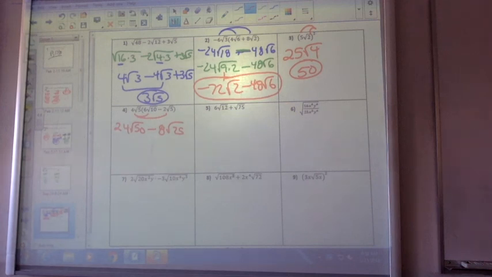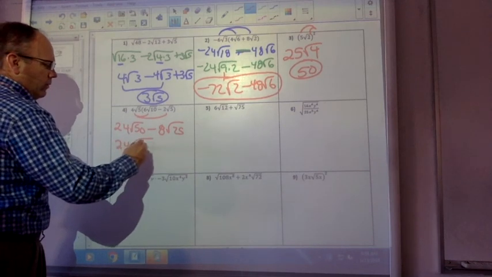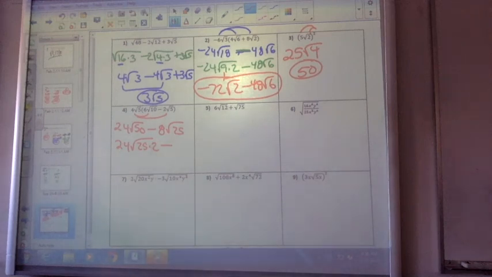Okay. All right, does 50 break down to a perfect square times another number? Can I break 50 down to a perfect square times something else? Yeah. 25 times 2. Great. So I get 25 times 2. And then root 25 breaks down to what? 5.